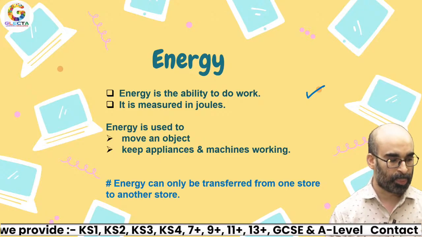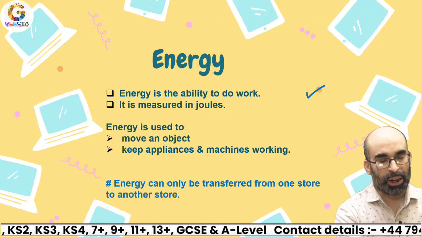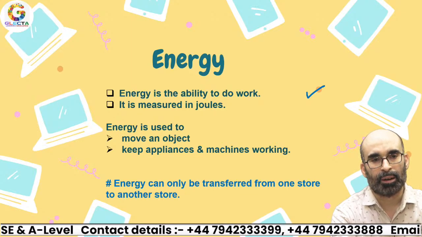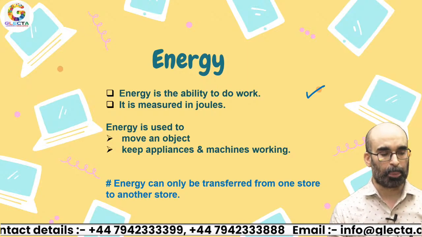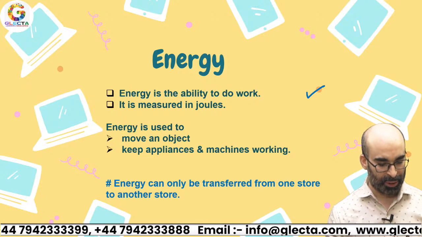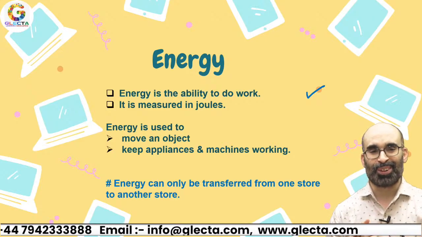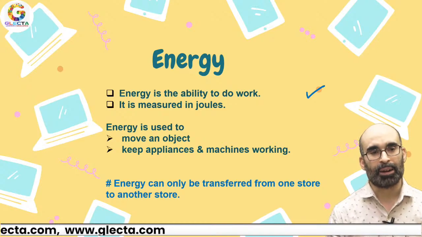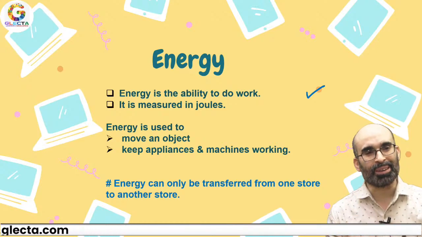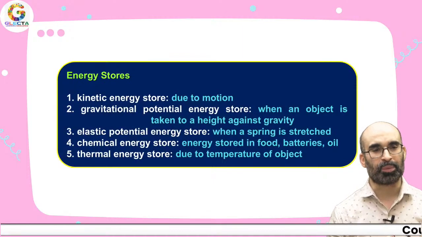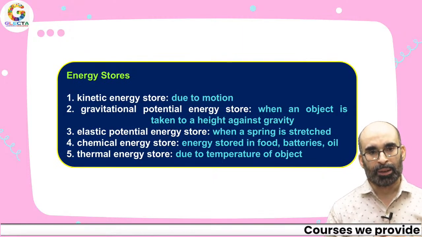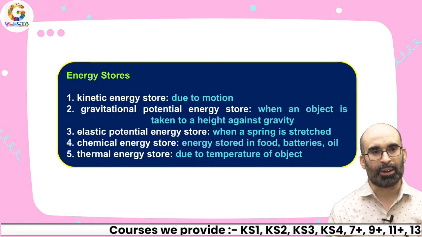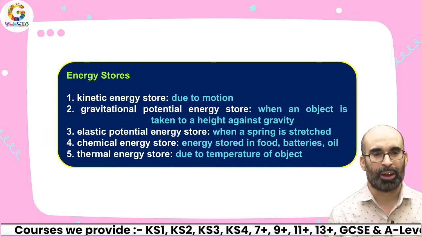Right? All right. So, energy is needed to keep the appliances and machines working. Okay, so let's begin with the types of energy stores and when we can increase the energy store. That is also something we need to understand. So first is different types of energy store.